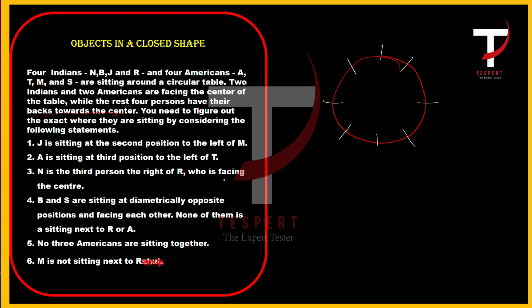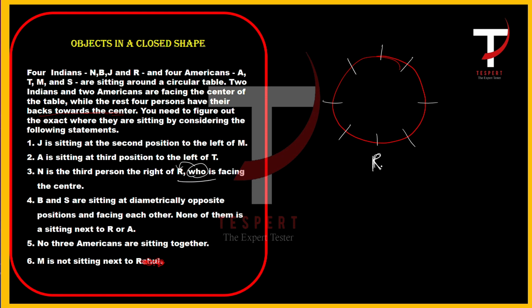N is the third person to the right of R, who is facing the center. So here "who" refers to R. R is facing the center.